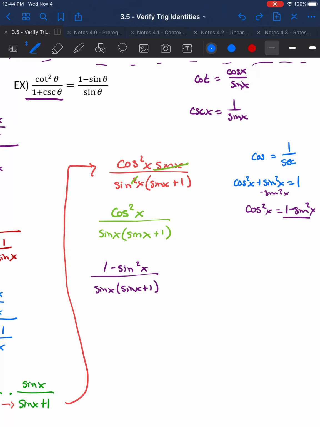Okay. Now, this one not everybody may see. That's a difference of squares, because what squared makes 1 and what squared makes sine squared. So 1 minus sine squared, can I factor that into 1 minus sine and 1 plus sine?